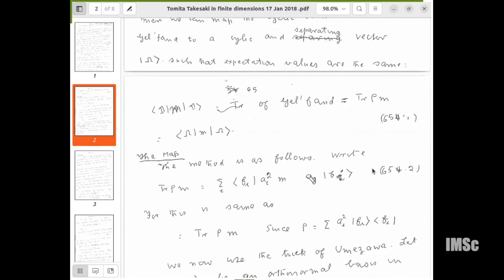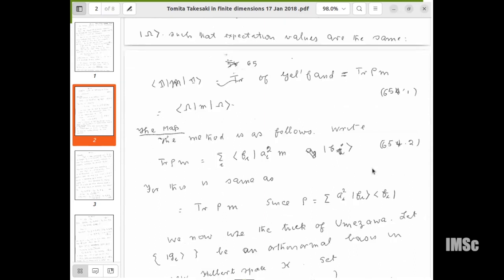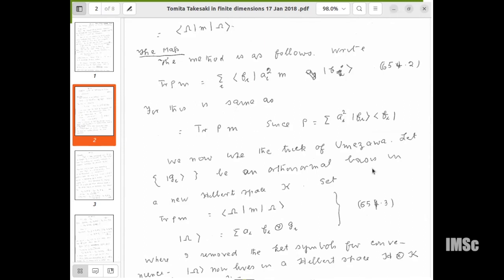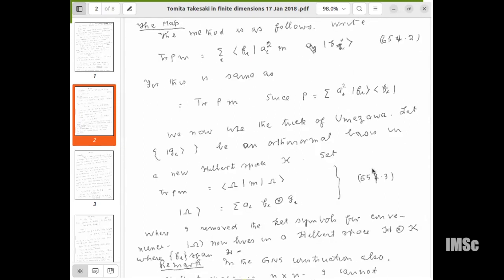I want to write this rho, the density matrix, in terms of a vector state, and the expectation values I am looking at in terms of a standard vector state. So what Umezawa did was to double the Hilbert space. That's what I said last time.